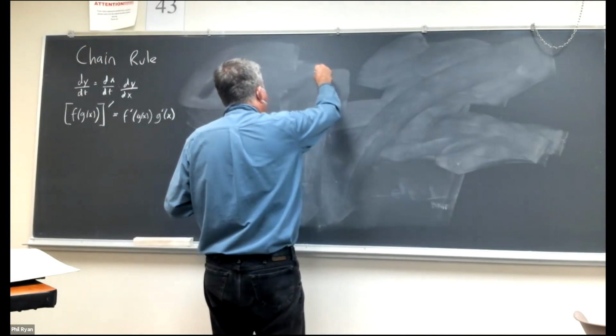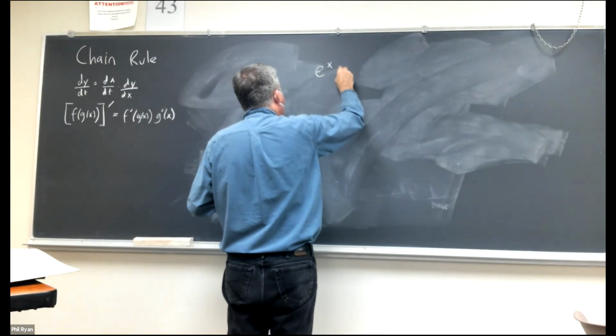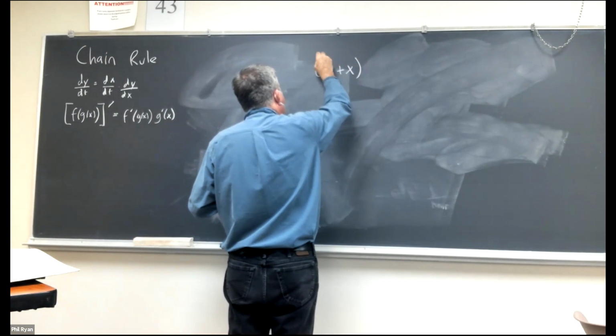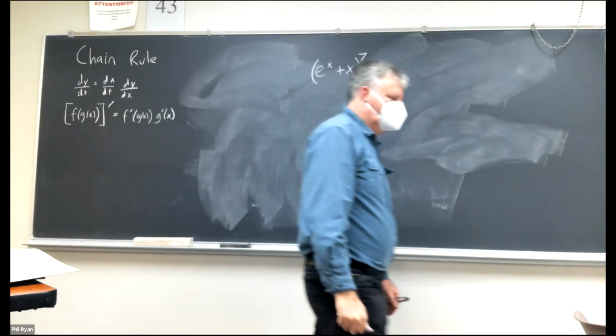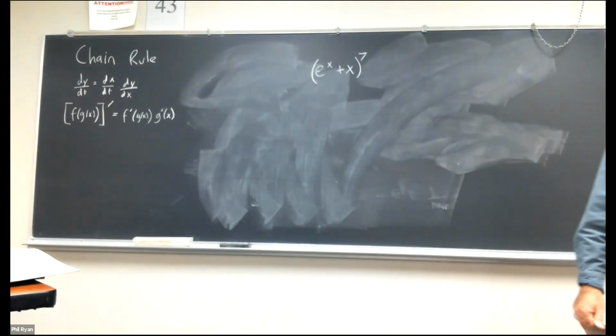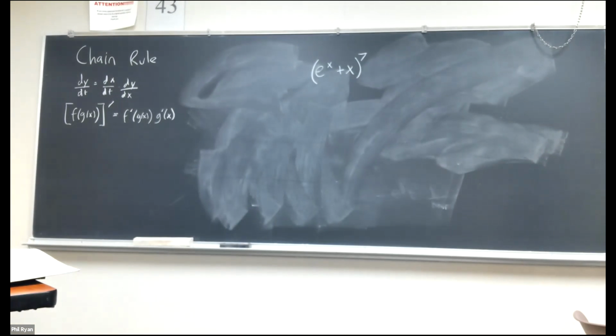So let's have a look at e to the x plus x to the 7th power. Okay, so this is a function that, wow, it's just so complicated. How are we going to differentiate it?